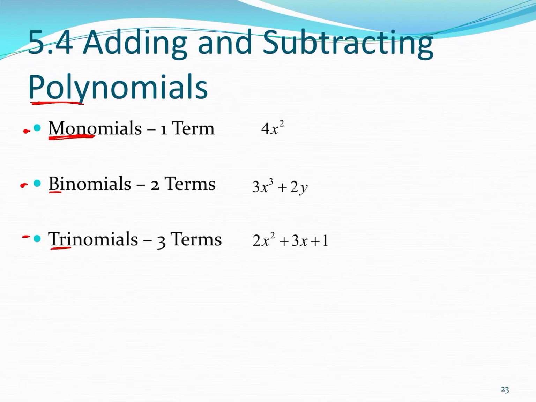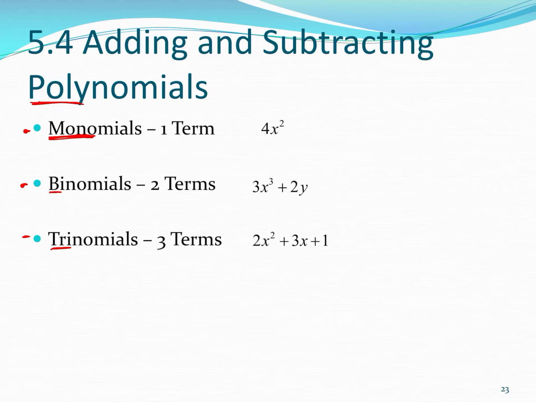Even if it's a monomial where it only has one term, it still can be called a polynomial. Okay, polynomial is sort of a catch-all term for any polynomial, whether it's got one term, two terms, three terms, 10 terms. It doesn't really matter. A polynomial is a catch-all term.